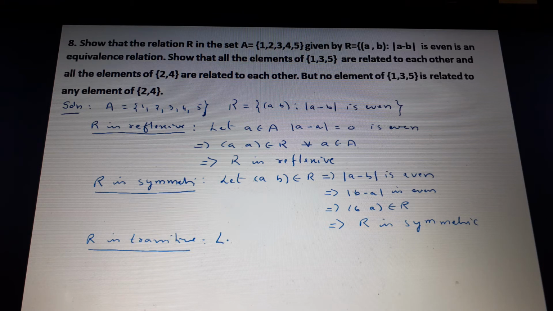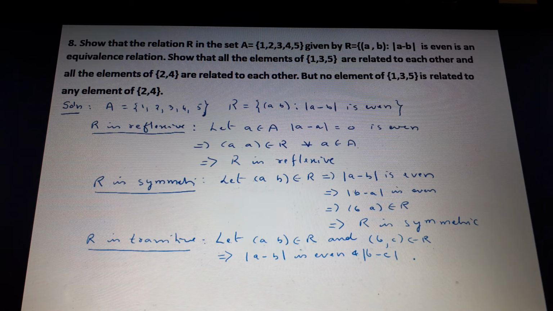Let (a, b) be in R and (b, c) be in R. So I am taking (a, b) in R and (b, c) in R. This implies, (a, b) in R means |a − b| is even, and similarly |b − c| is even.